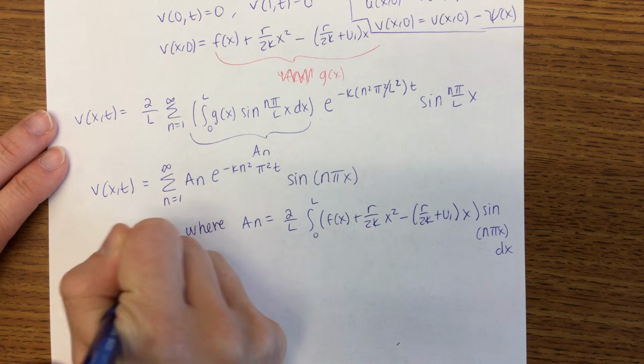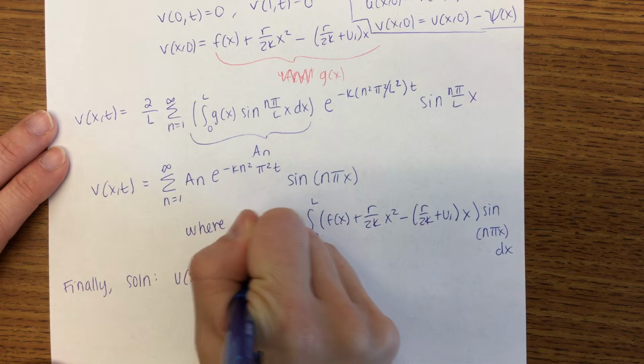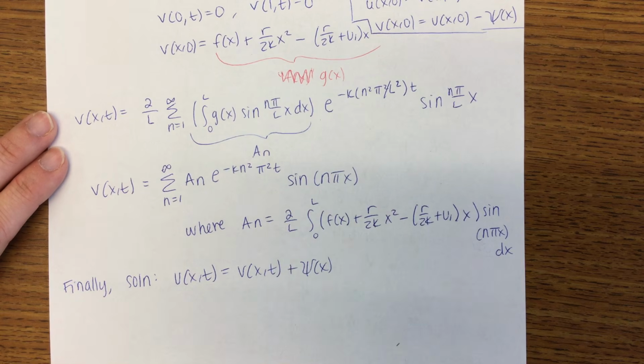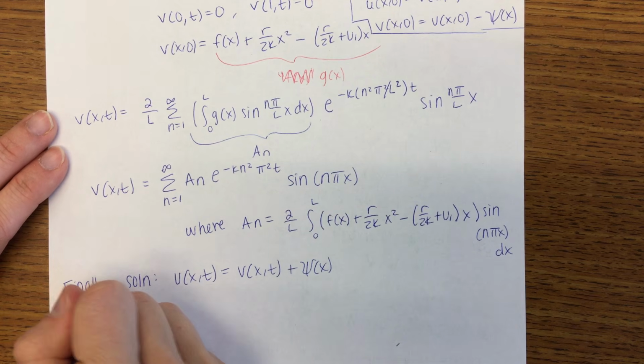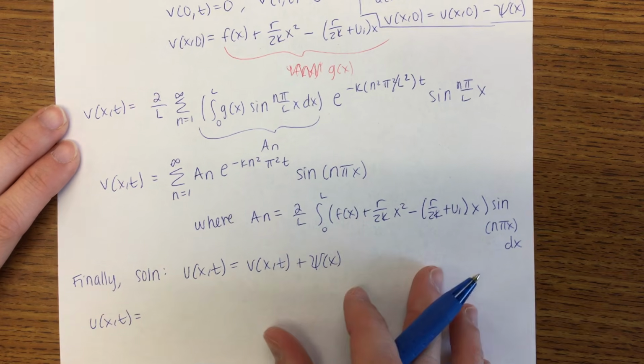Finally, remember that solution, that u of x,t, we said that was going to be equal to v of x,t add psi of x. Psi of x is normally put first.